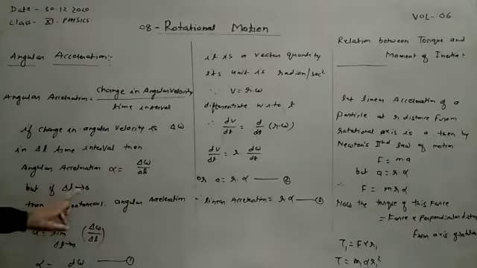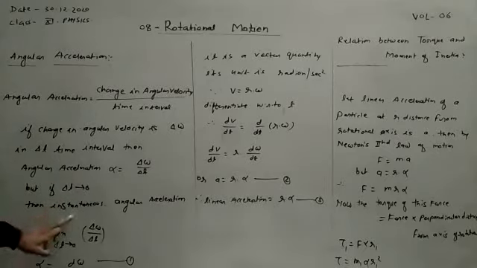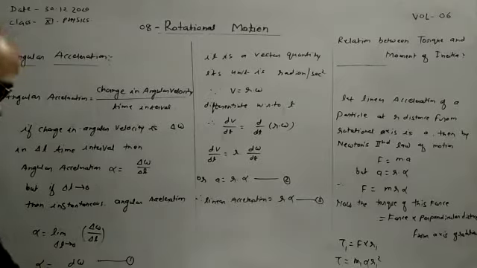If delta t tends to 0, then the instantaneous angular acceleration, by taking the limit of delta t tends to 0 of delta omega upon delta t, is alpha equals d omega upon dt. That is the formula of angular acceleration in differentiation form.